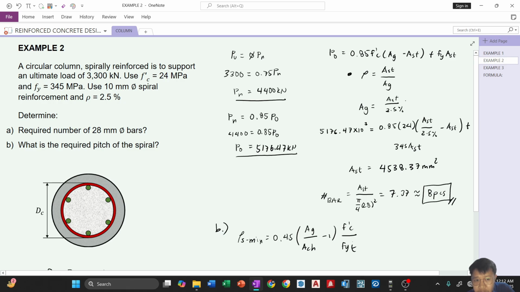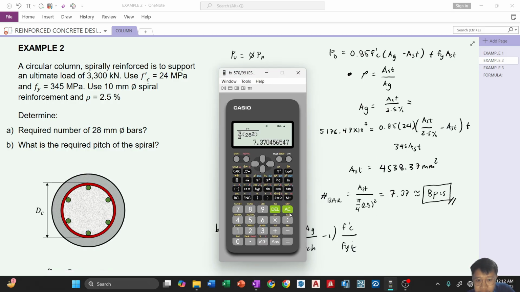Area gross is equal to AST divided by 2.5%. Okay? We can actually solve. Okay? So, the area of the steel, that is X. Tama? Divide this by 2.5%.